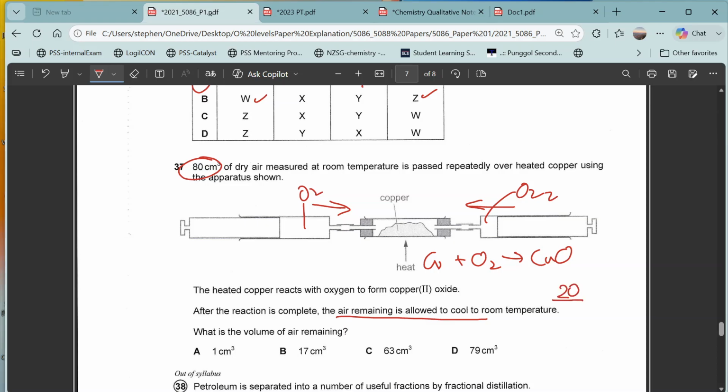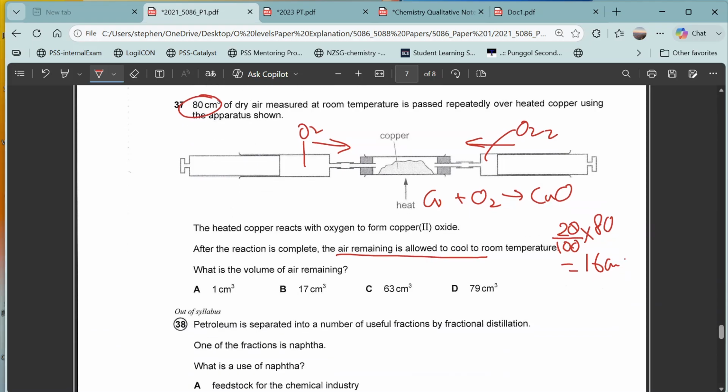So I just put 20% of 80, which is about 16 centimeter cube. So how come there is no 16 centimeter cube answer? Not because of the percentage, but because we have 80 centimeter cube and we use up only 16, right? So the remaining should be 64, 63, right? So this is not the answer.